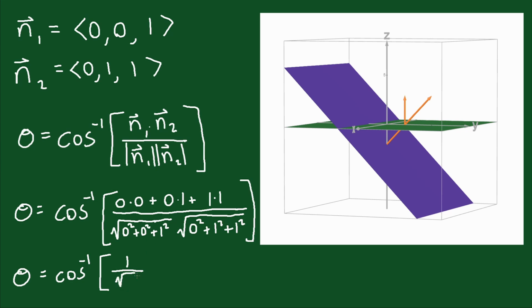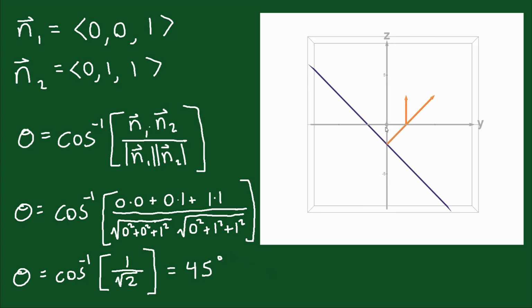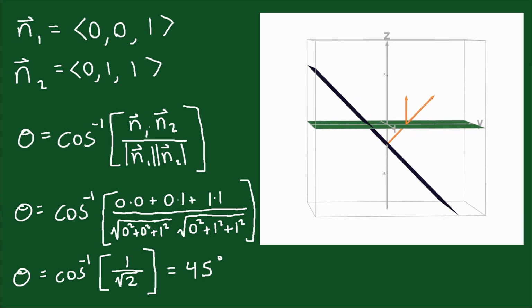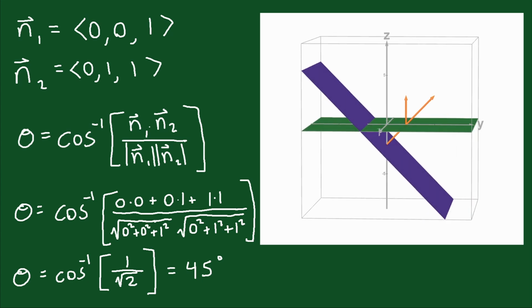So 1 over root 2. If you take the cos inverse of 1 over root 2, you get 45 degrees. So the angle theta, the angle here and here, must be 45 degrees. So that's the angle between our planes. And that looks to be about correct.